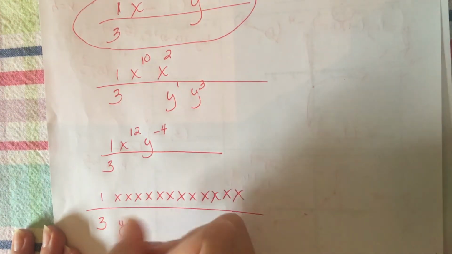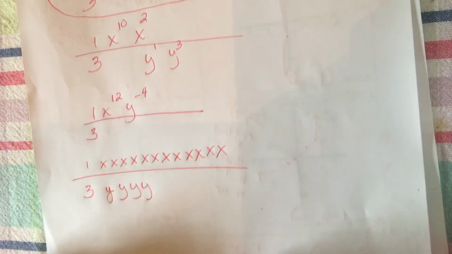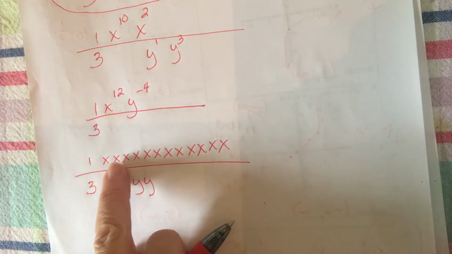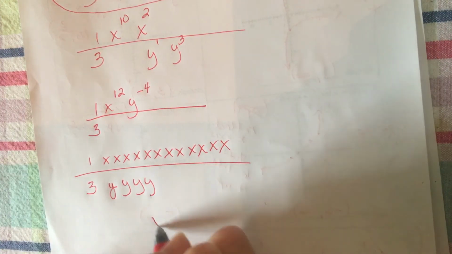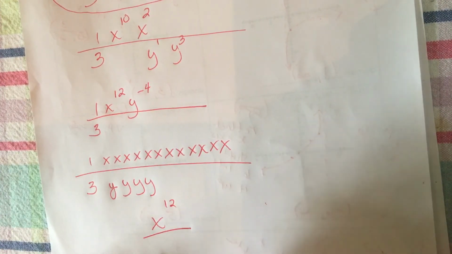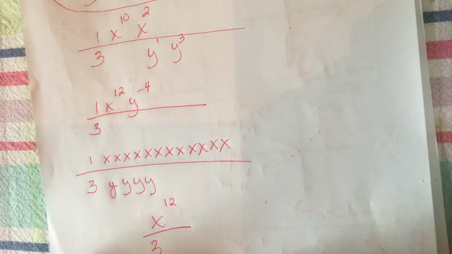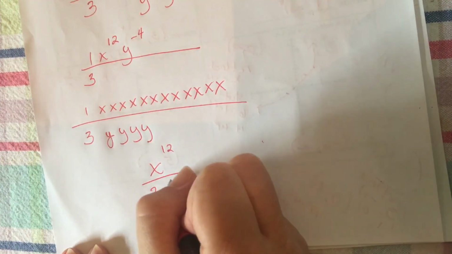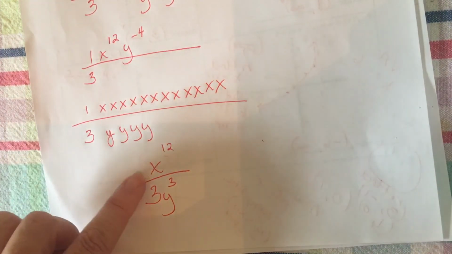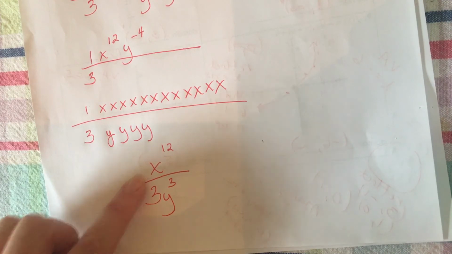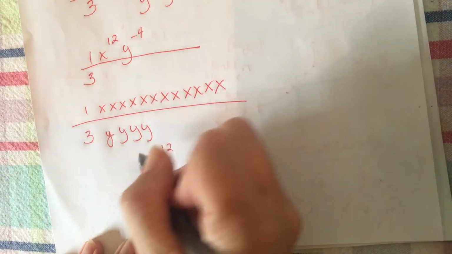And then I have a y to the 3rd power, y times y times y. So if I was to simplify that and add them up, I have 1, 2, 3, 4, 5, 6, 7, 8, 9, 10, 11, 12 x's over 1, 2, 3, 4 y's. So notice I didn't put the 1 up here for the 1/3 because that is 1 x squared. But if you want to put the 1x squared, you can. So this is a great answer.